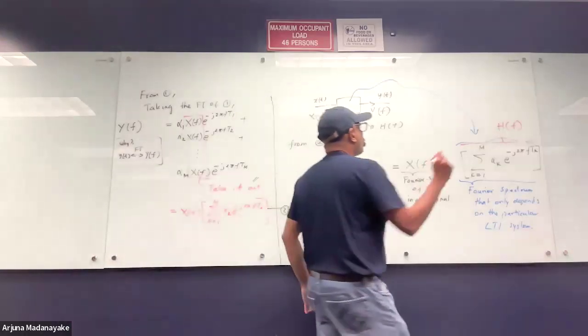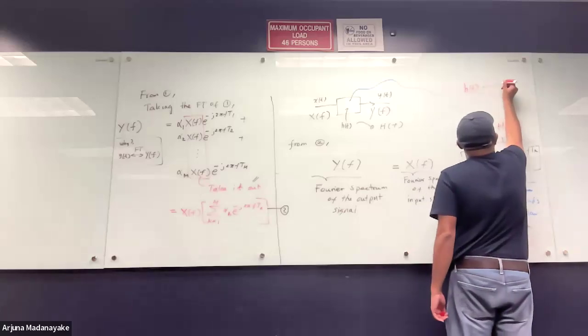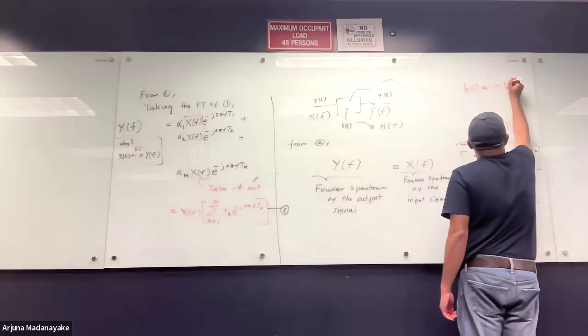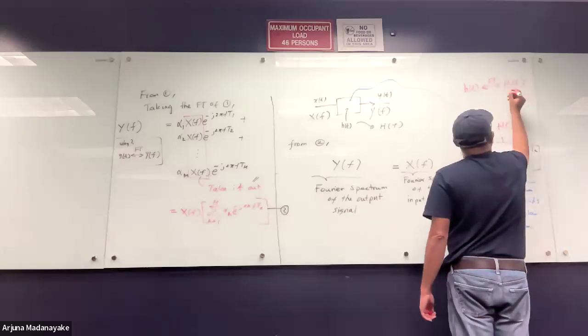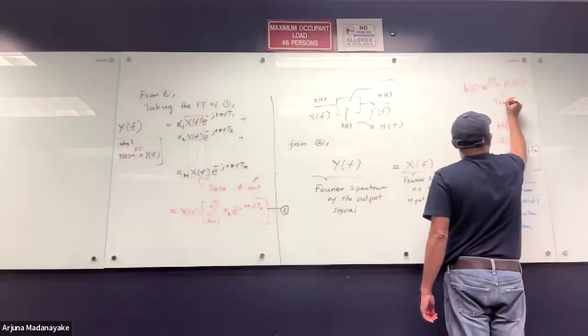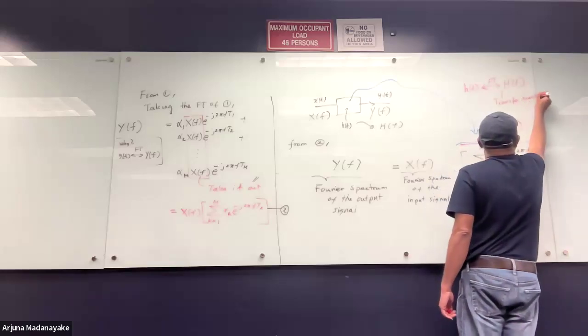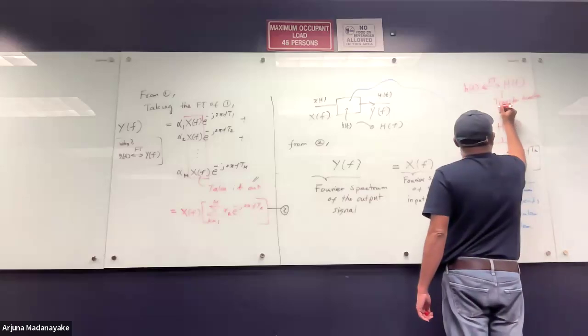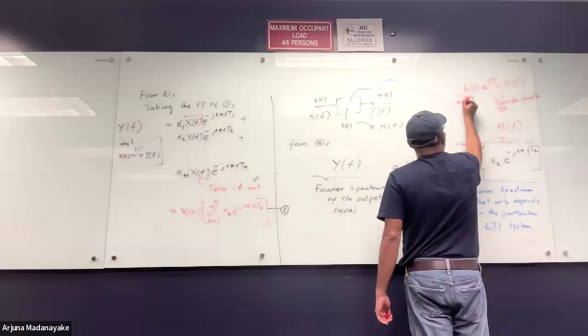So we can prove that later, but think of a relationship. H of f is the Fourier transform of the impulse response. So this is my transfer function. We call it TF for short, and this is my unit impulse response.